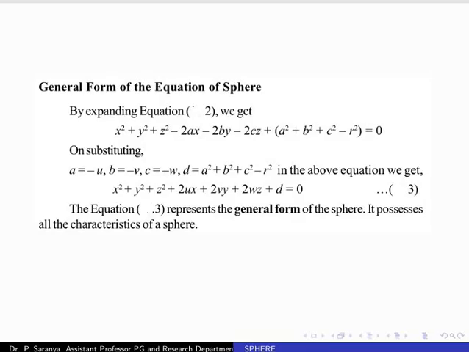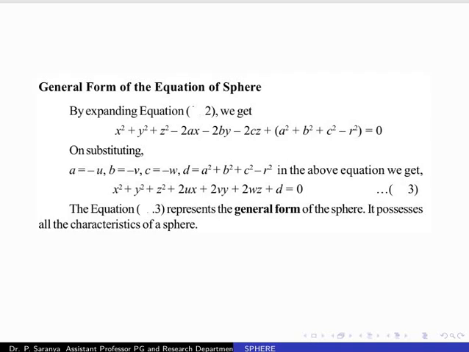Next we see general form of the equation of sphere. By expanding equation 2, we get x square plus y square plus z square minus 2ax minus 2by minus 2cz plus a square plus b square plus c square minus r square equal to 0.